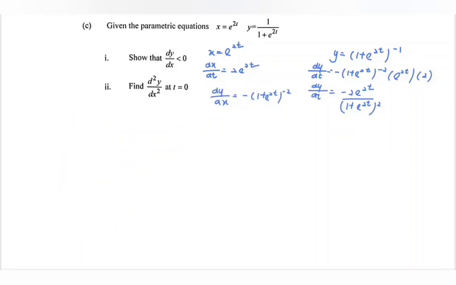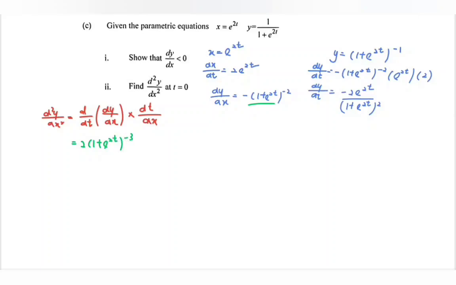Kindly refer to the second one. We are going to find the second derivative. As we all know, the formula for the second derivative will be d/dt of (dy/dx), and then multiply with dt/dx. So let's begin. Differentiate this part. Here we will have 2 (1 plus e to the power t) to the power of negative 3.